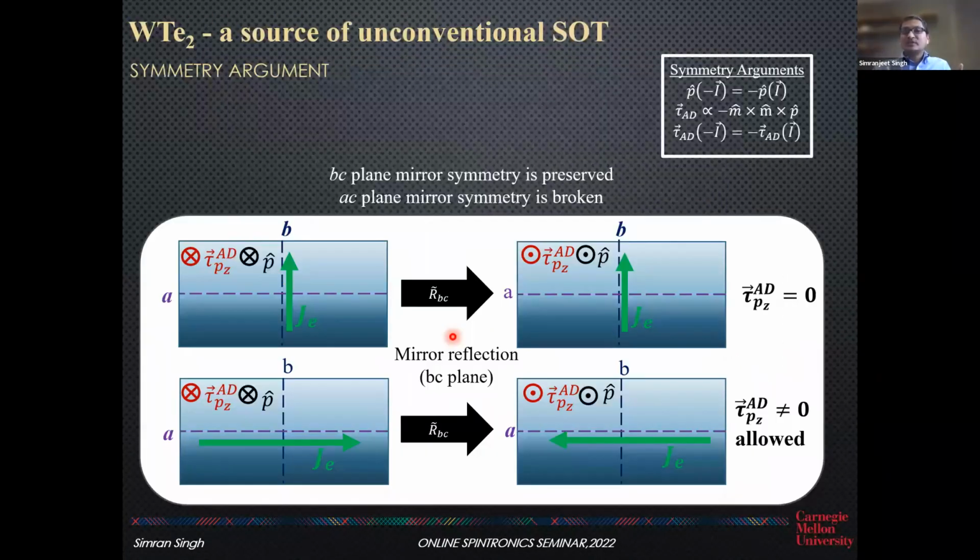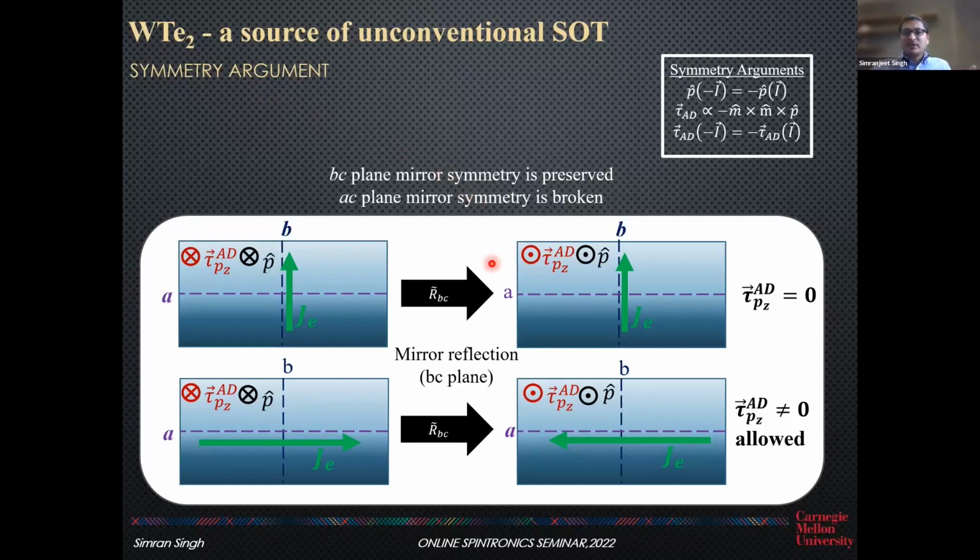It was argued on the basis of symmetry considerations that in a system such as WTe2, you can generate out-of-plane spin currents, or you can say that you can induce out-of-plane anti-damping torque.